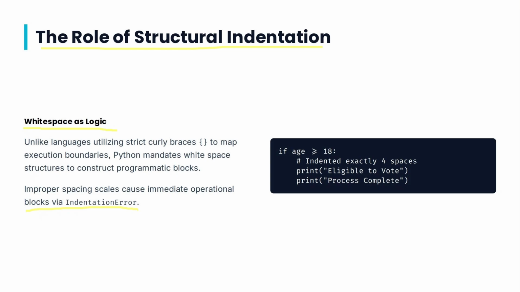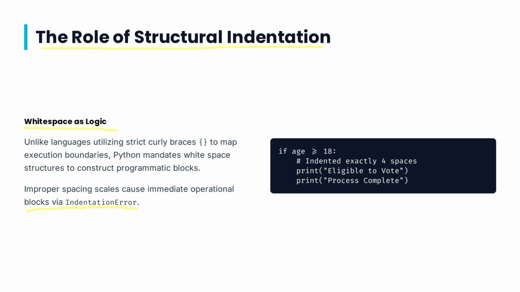So when we code in languages such as C or C++, for constructing programmatic blocks, we use just curly braces. But in Python, we don't use such things. We just use simple white spaces, single white space for loops, double for nested loops, and everything.